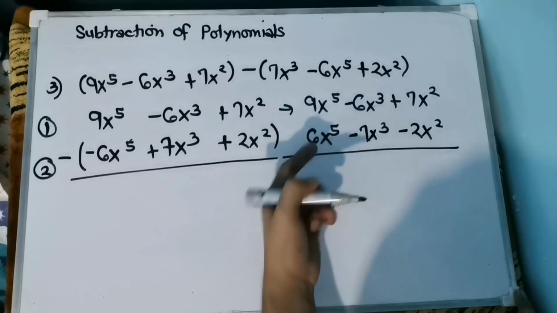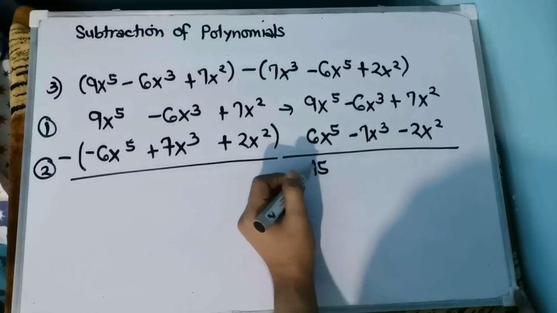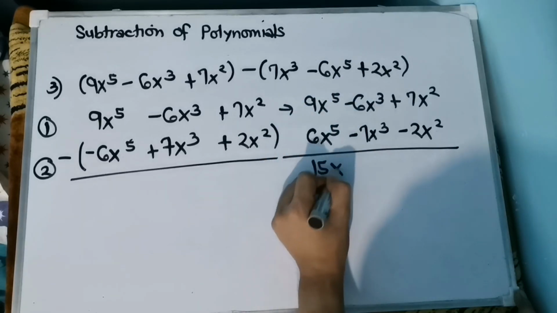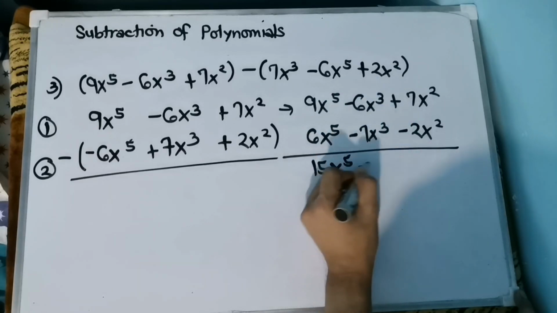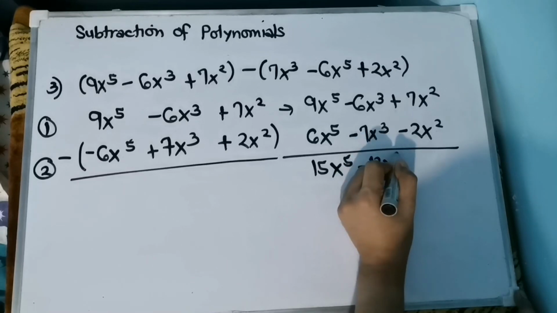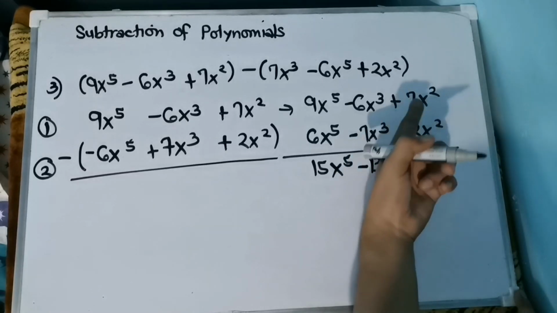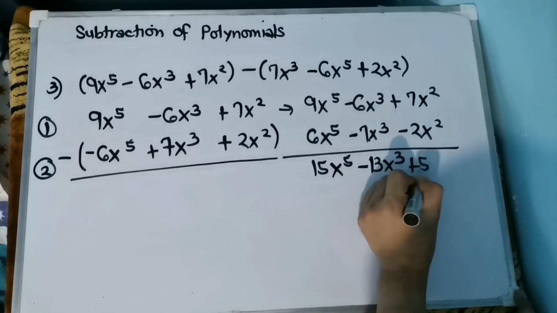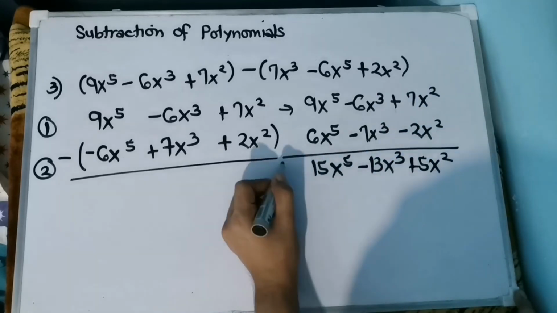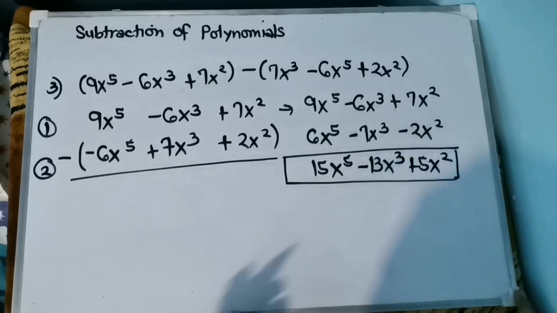Add: 9 plus 6 is equal to 15x to the 5th. Negative 6 and negative 7, we have negative 13x cubed. 7 minus 2 is positive 5x squared. So therefore, the difference is 15x to the 5th minus 13x cubed plus 5x squared.